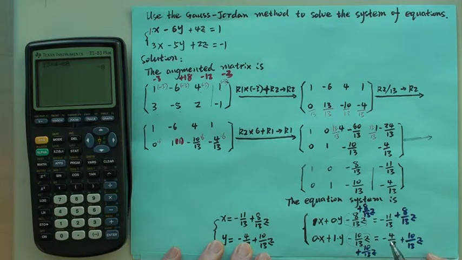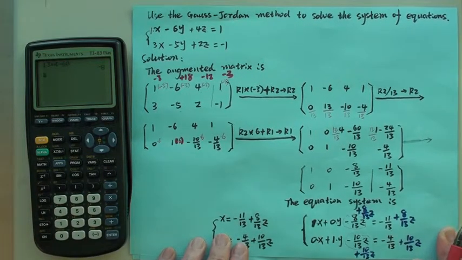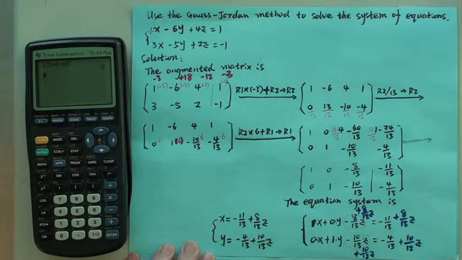Alright, so that will be negative 4 over 13 plus 10 over 13 z. Okay, so x then equals this one, the sum of two quantities, and then y equals negative 4 over 13 plus 10 over 13 z. Okay, so this is actually the final solution.